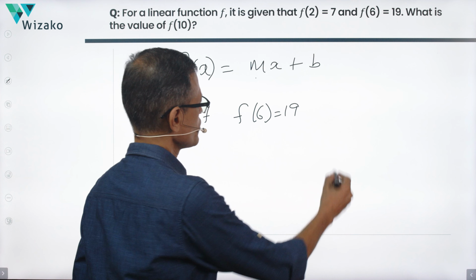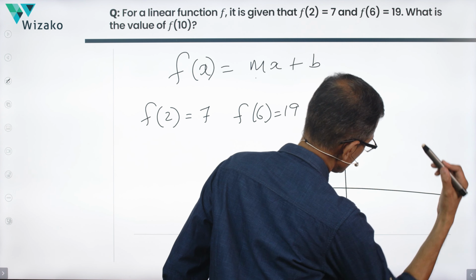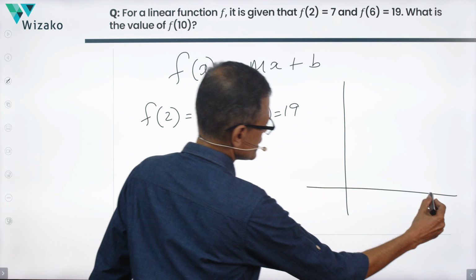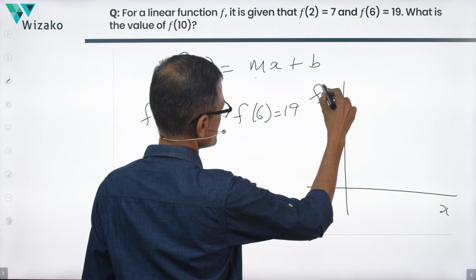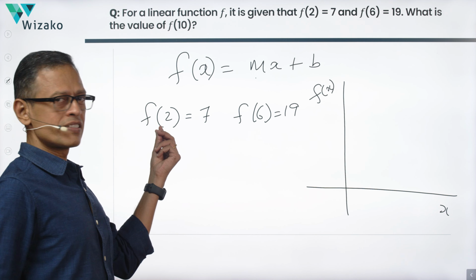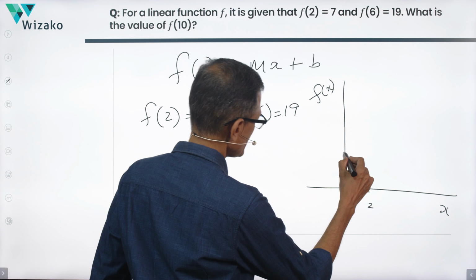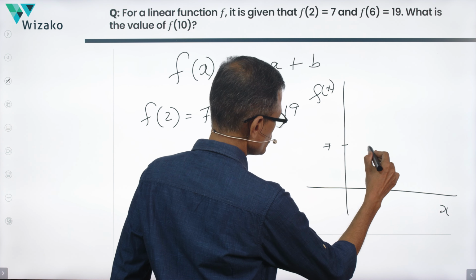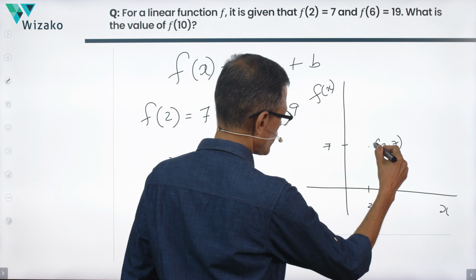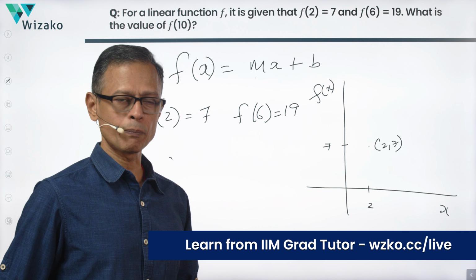We know it's a straight line, so let's look at the graph and see where things plot out. This is the x-axis, and the y-axis is f of x. When x is equal to 2, f of x is equal to 7. So 2 comma 7 is the coordinate of one of the points.